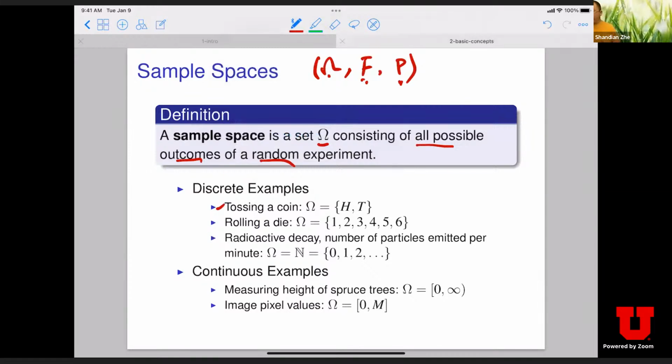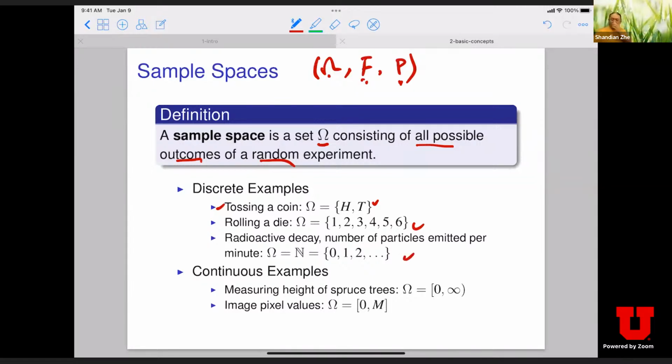So your sample space consists of two elements, H and T, heads and tails. When you roll a die, then your basic outcomes are the points, 1 to 6.